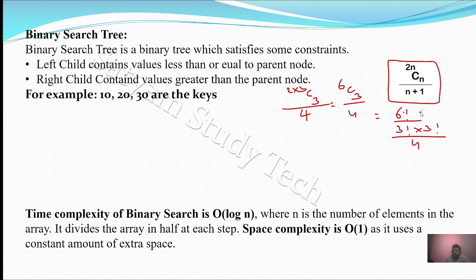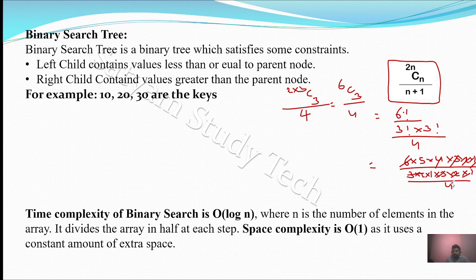Now you can expand it. 6 factorial means 6 into 5 into 4 into 3 into 2 into 1, divided by 3 factorial, 3 into 2 into 1, and 3 into 2 into 1, all divided by 4.